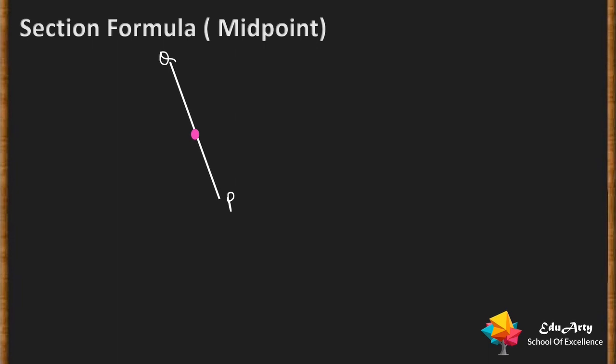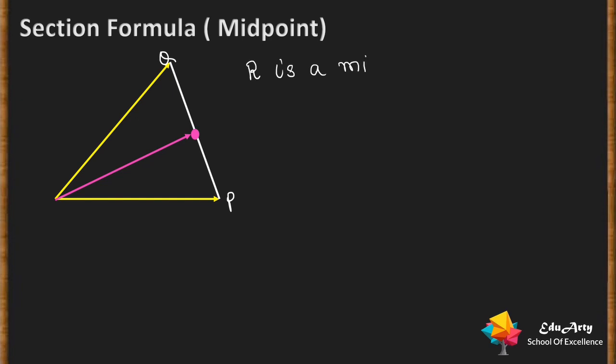Then let's draw the vectors which are joining these points. So these are the vectors. R is a midpoint, so here we are going to say that R is a midpoint of PQ. Correct? Something is wrong with the pen.